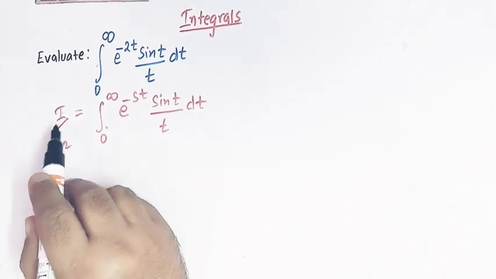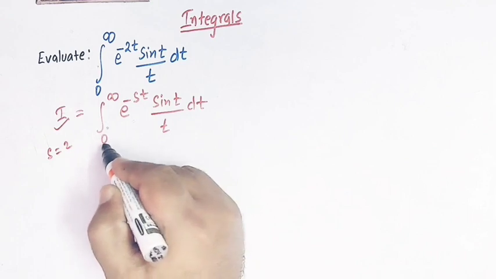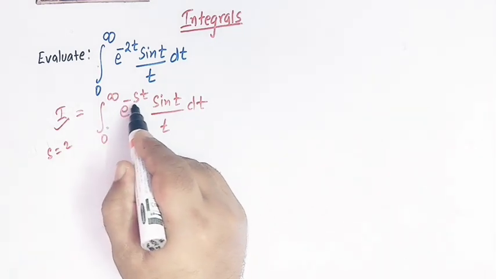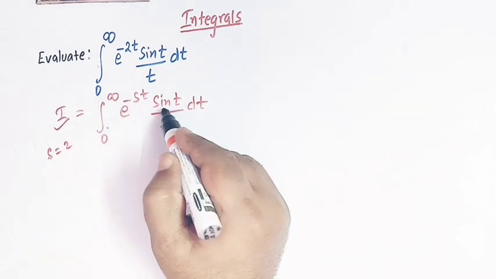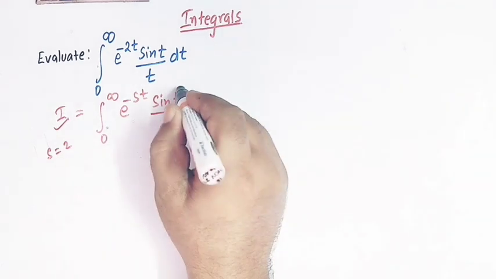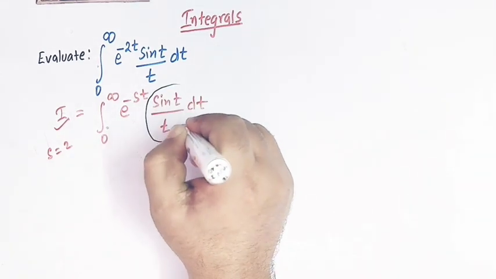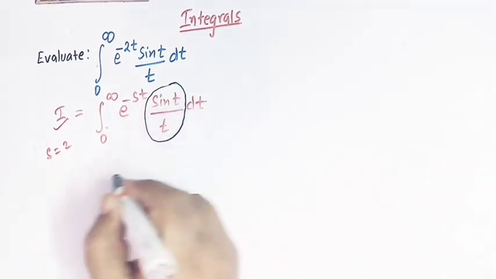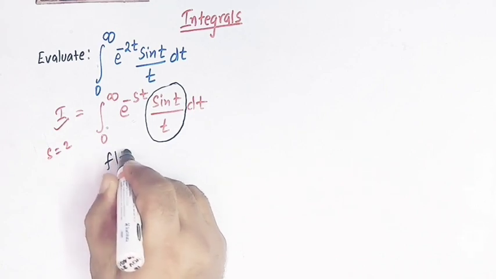So we have considered this integral I as 0 to infinity e raised to minus st and sine t over t, right? Okay, now let us consider this function as f of t, right?